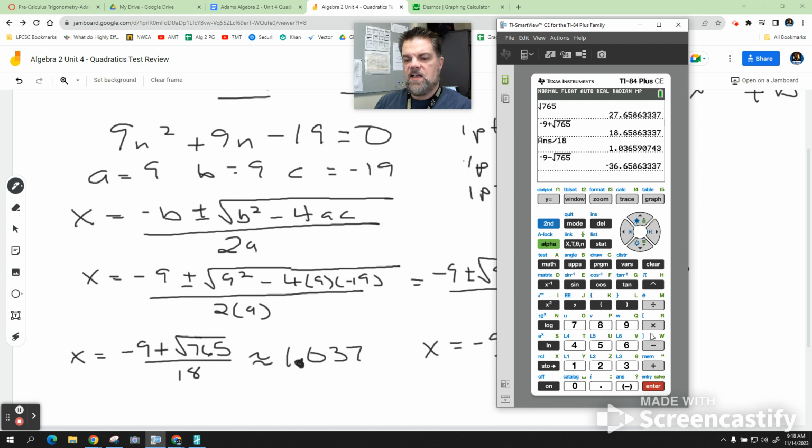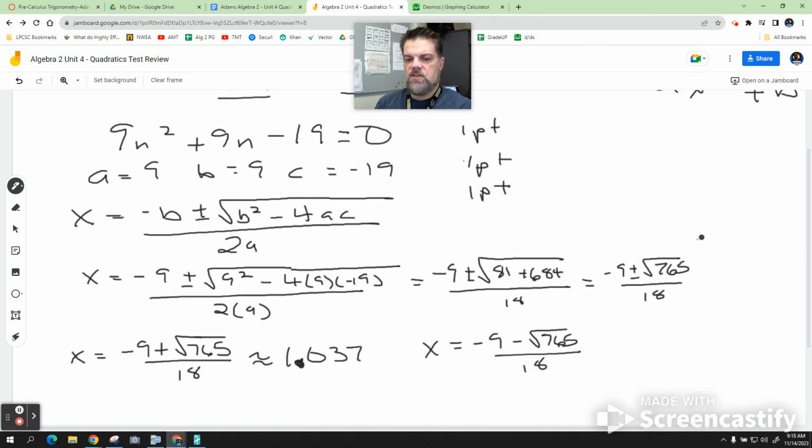So I hit enter, I get that, divide it by 18, and we'll just round that as well. So this one is approximately, remember when we round we use the approximation symbol, negative 2.037. Okay? And that's it on that one.